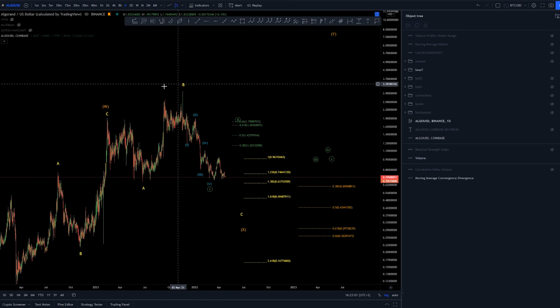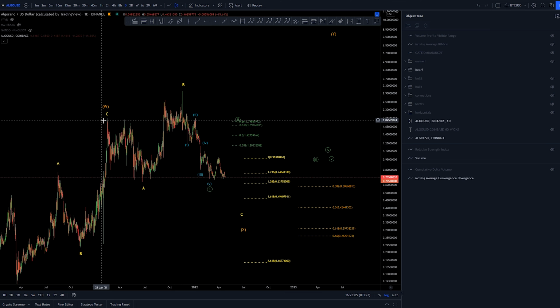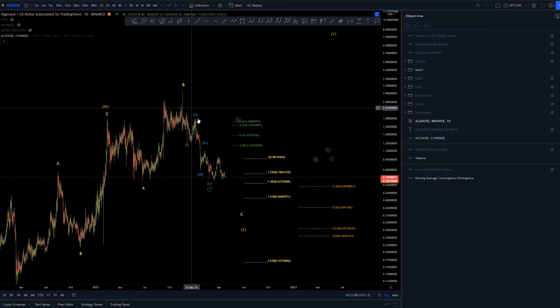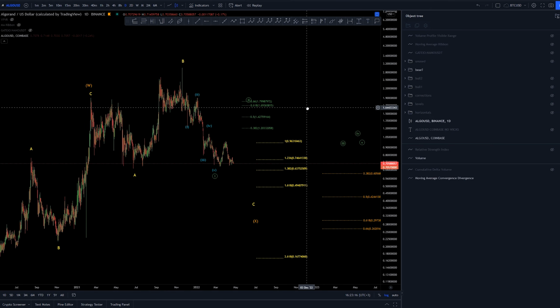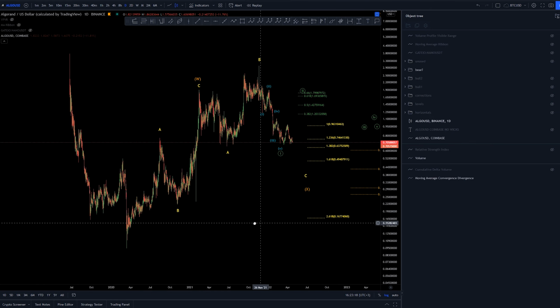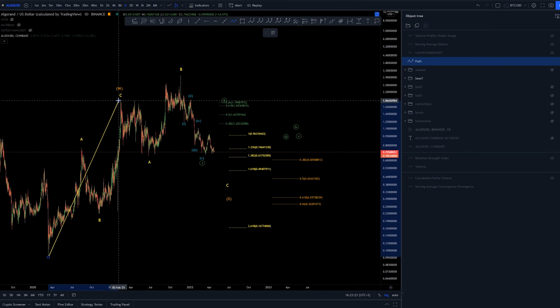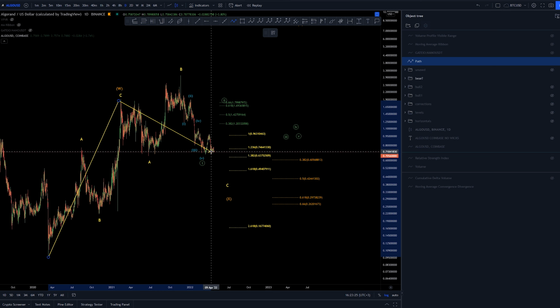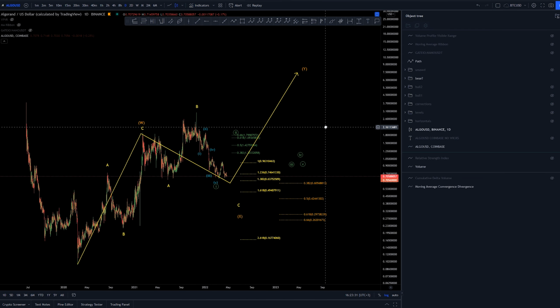For this one, I have the A, B, C again, same as with the bull count, expanded B, and looking for 5 waves down for the C wave. Now we have already reached some targets for this wave structure, however, looking at it on a higher time frame, saying that this is a W wave, this would be X. It looks a bit wonky, but it is not wrong.